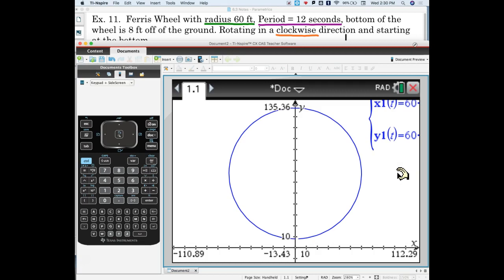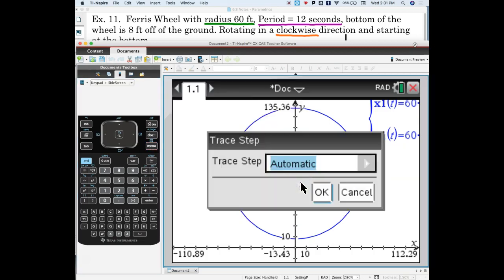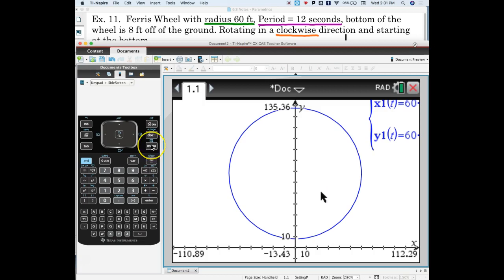So now we can answer the question, where are we 5 seconds into the ride? I'm going to do that using the trace. I'm going to set my trace step to 1, and then trace it until I get to t equals 5. So I'm going to start at 0, which is right.